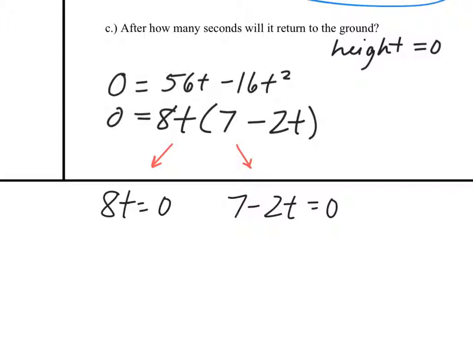In fact, that's preferred. So instead of leaving that one as a fraction, give me a decimal, because we're talking about seconds. We don't do seconds and fractions because that's weird. So you need to solve both of these equations.